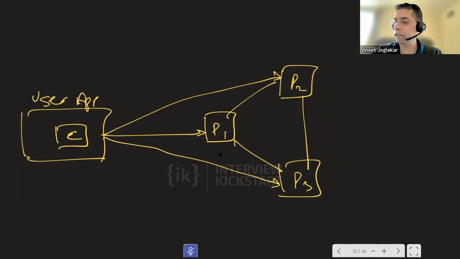So let's say if you have only 9 keys, this has 0 to 3, this has 4 to 6, and this has 7 to 9. So if the request for key 0 comes to P1, P1 can handle it itself. But if P1 gets a request for 4, this will need to have some component.